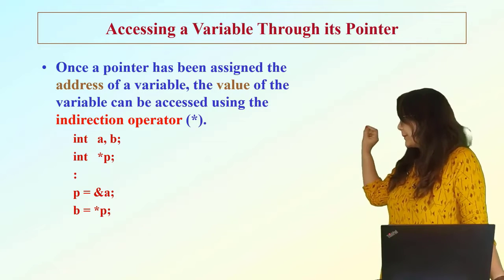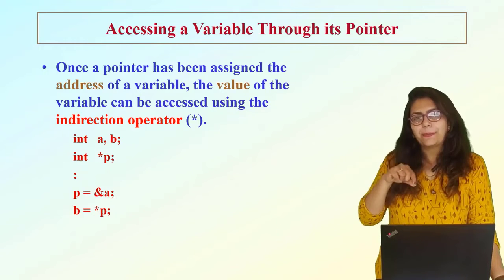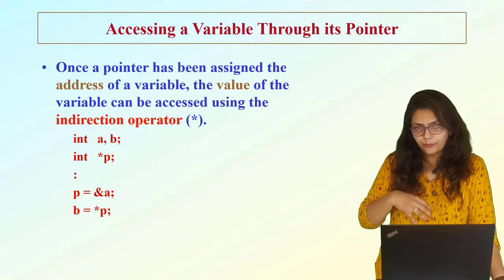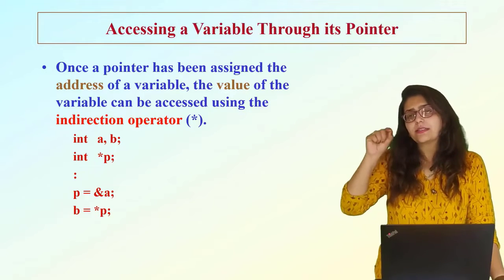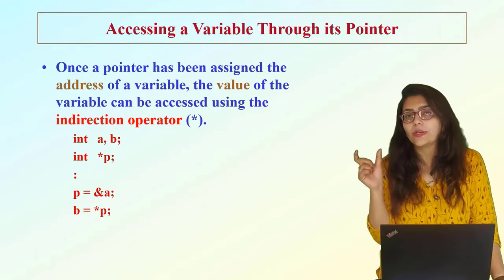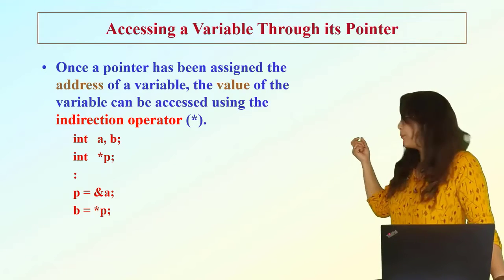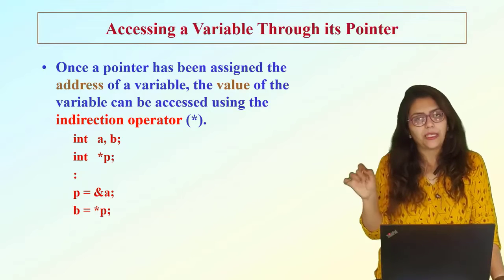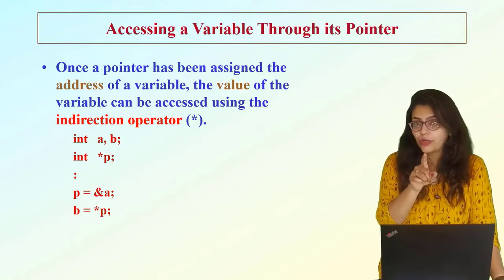So the asterisk p means the value stored at the pointer. Now p stores an address. Suppose 1380. At the address 1380, what value is there, right? So b will have that value. So asterisk p means the value pointed to by p, not the address, right?